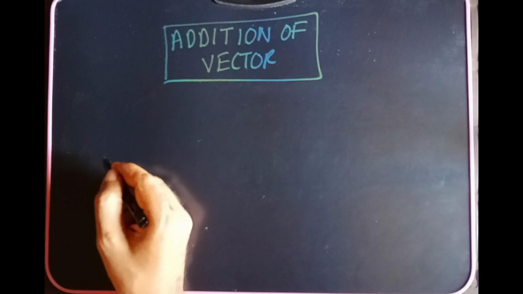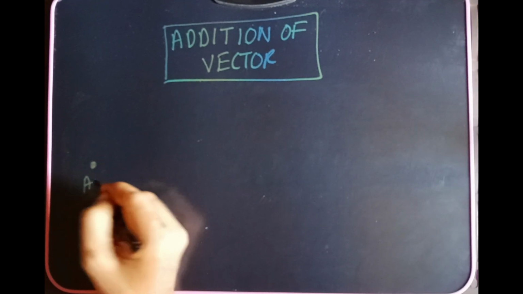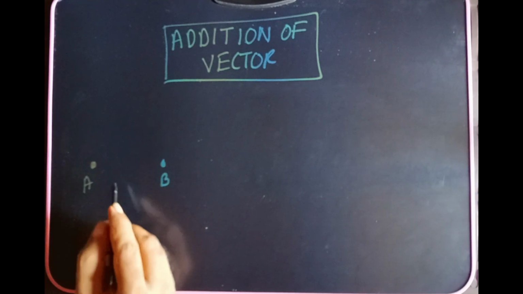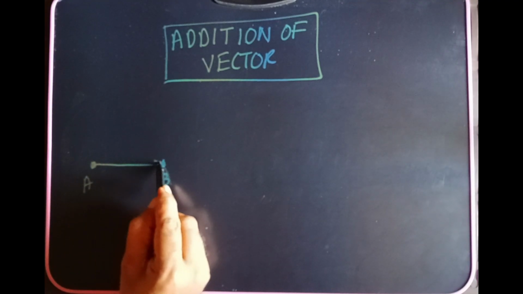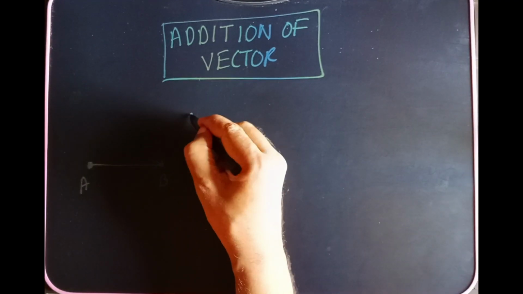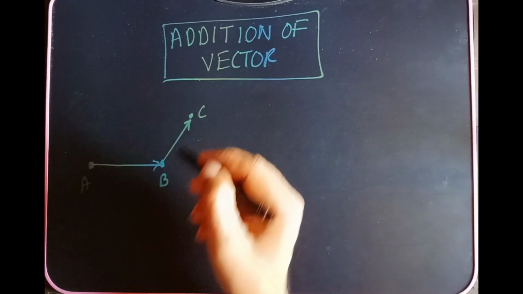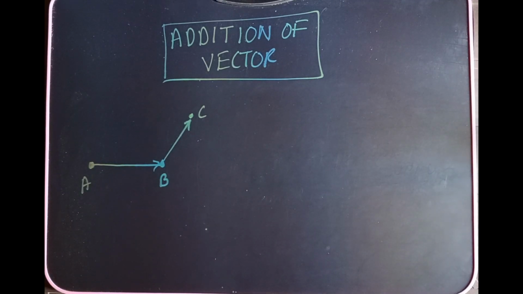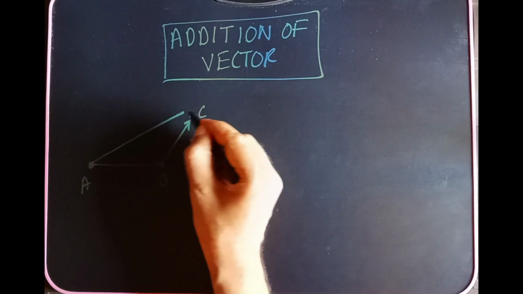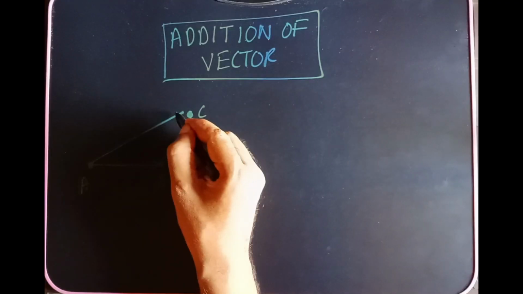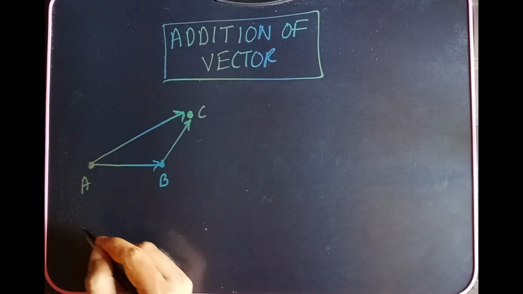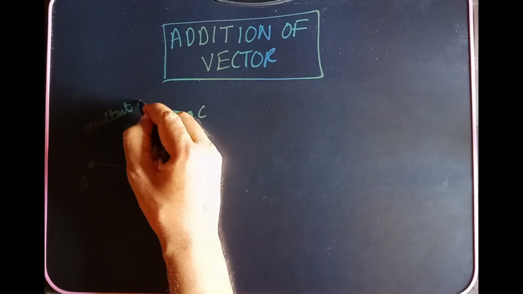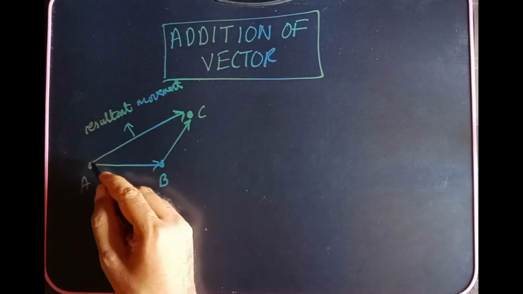Let us say we have an object which moves from point A. This is point A, and the object moves from point A to point B, and then from point B, I'll show it with an arrow, it moves to point C. If this is the direction of the movement, then this arrow from A to C is called the resultant movement.